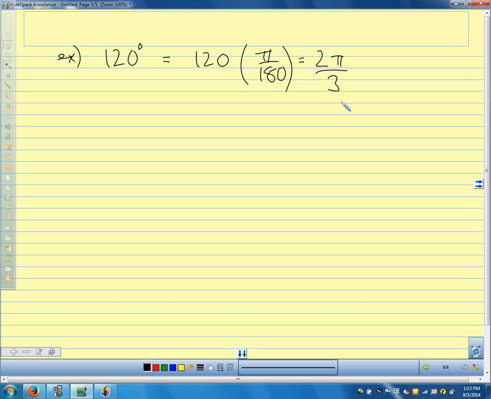If we want to go the other way, 5 pi over 6, and we want to convert to degrees, I'm going to multiply 5 pi over 6 times 180 over pi. Our pi's cancel, and then I want to reduce this fraction. So when I do this arithmetic, what do I get?